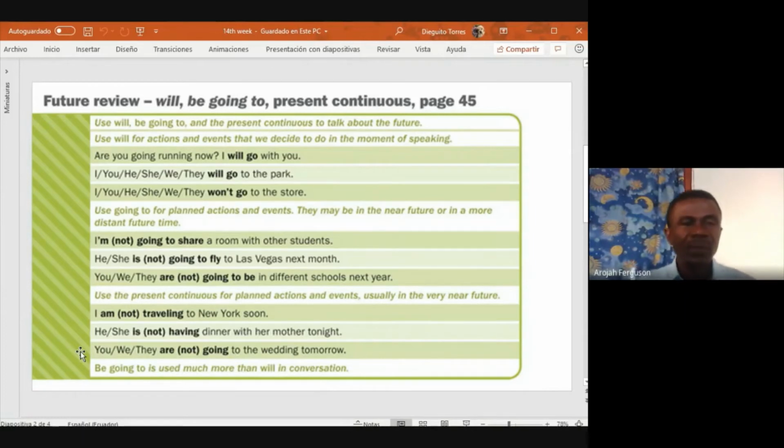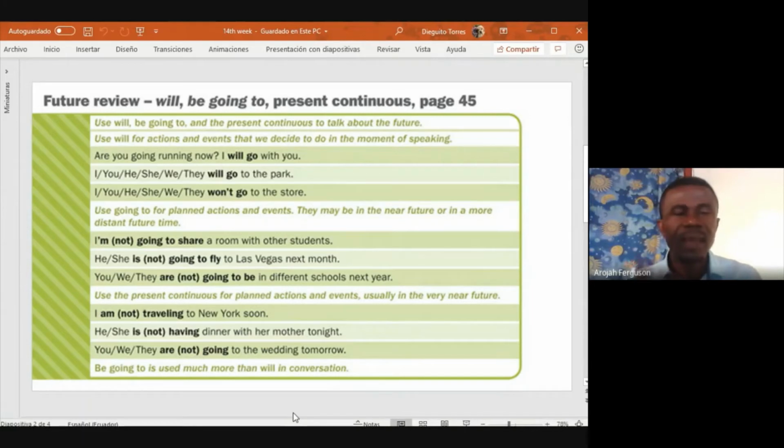So by way of a summary of will and going to, that is what we get. For will, we use will to talk about actions that you are deciding or planning to do instantly. Example, if you don't keep quiet, you will go out of the class.